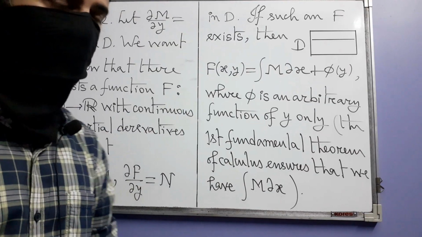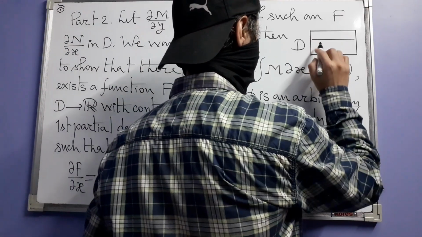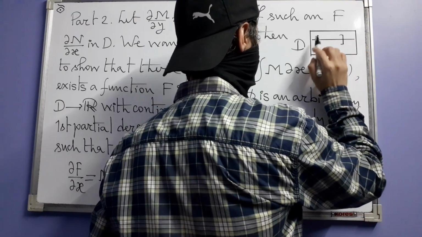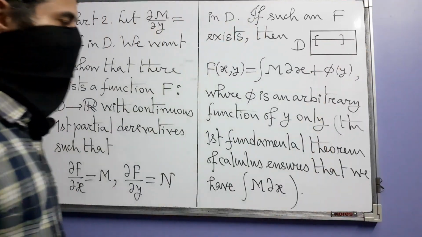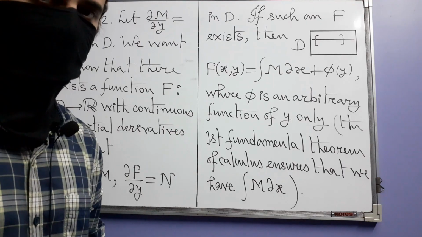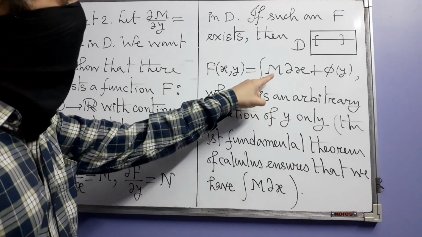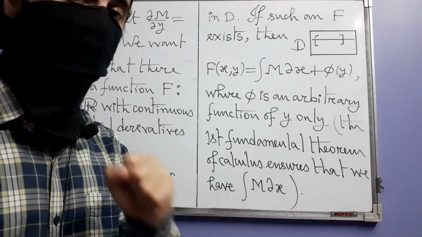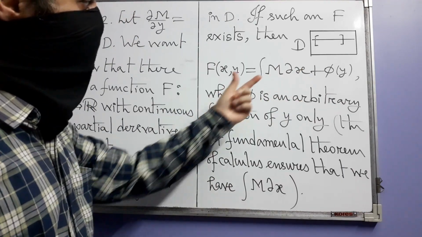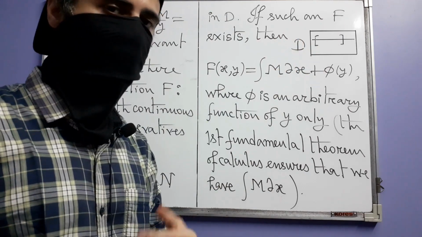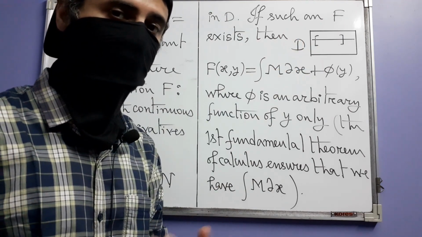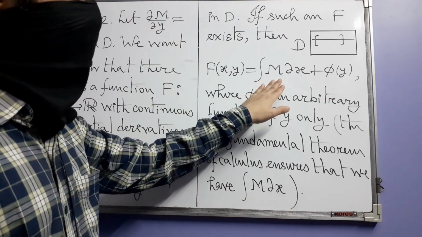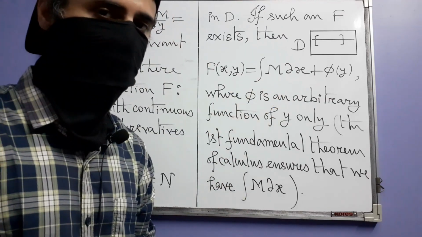In this fixed y, wherever you concentrate your process, you can consider a closed interval. In that closed interval, as a function of x, m is continuous, and whenever you have a continuous function in a closed interval, it automatically remains integrable, and that is why this integral exists.